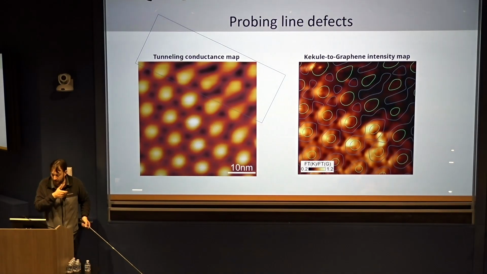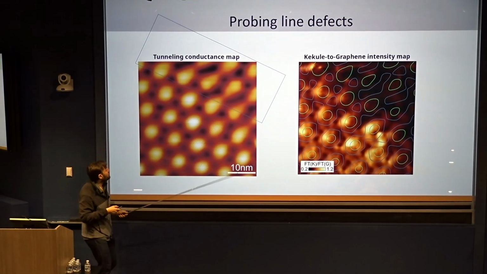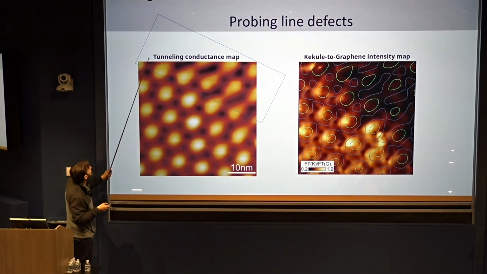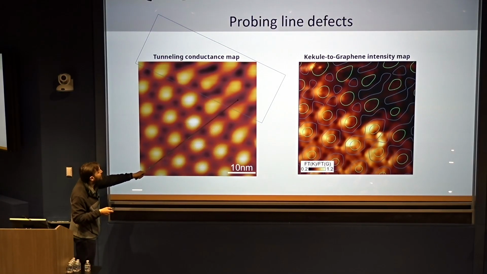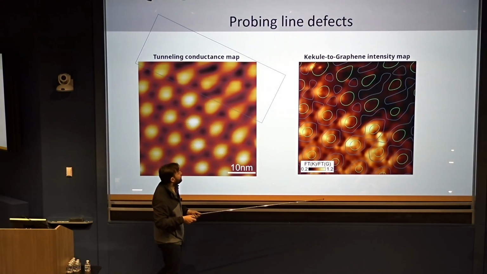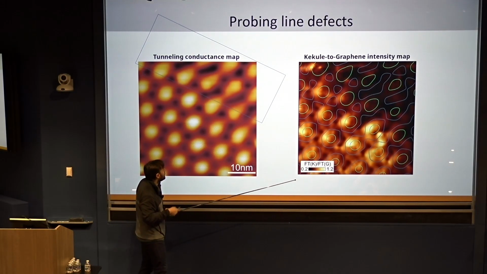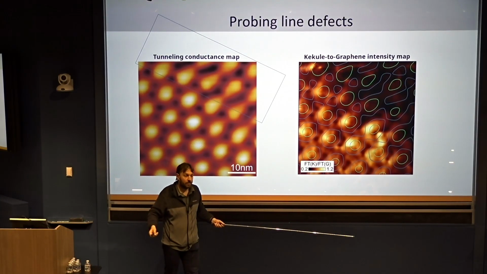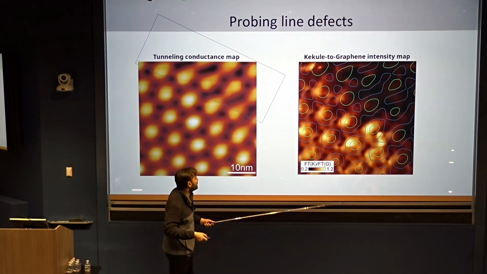Another thing we can try to do, and I'm almost done, is to do atomic imaging again close to this line defect, and then do these tricks with identifying the Kekule intensity versus the atomic intensity of the Fourier peaks.